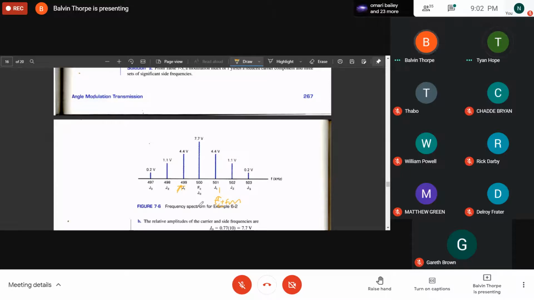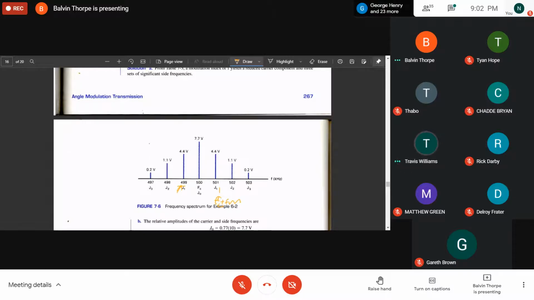So if, like in the test, you gave the frequency deviation and the modulating frequency, you'd use that to find the index, right? Yes. And then the bandwidth would be FC plus the maximum plus N FM, and then times that by 2.